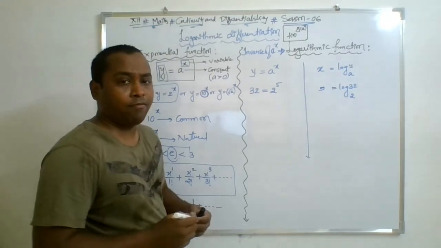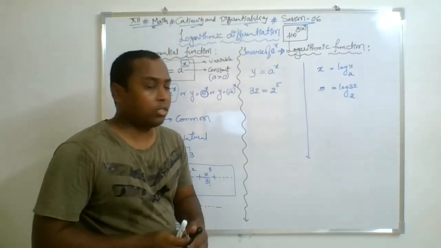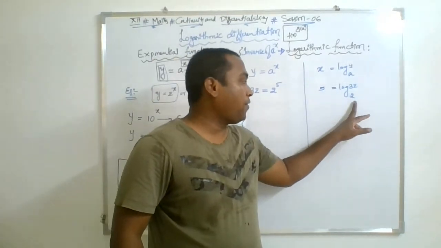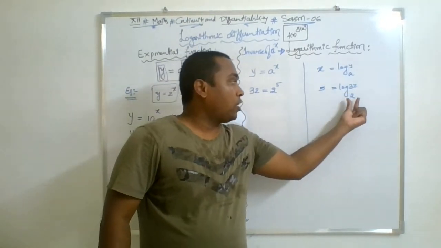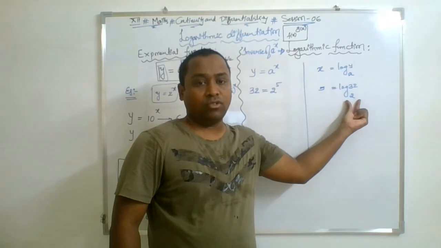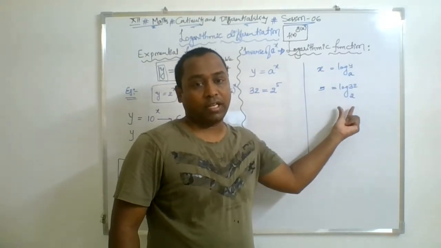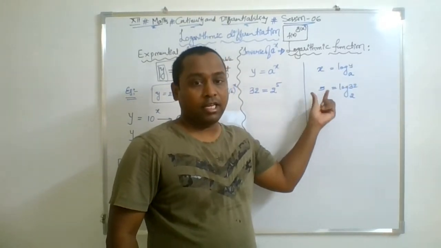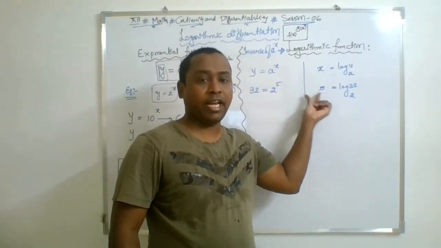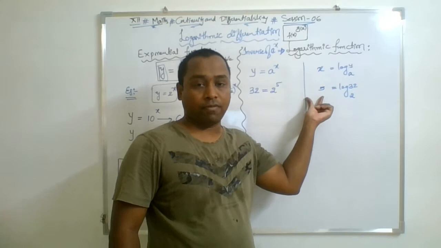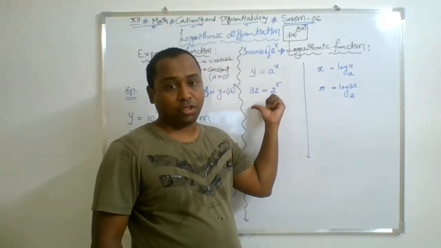So what log 32 base 2 means is: what should the power of 2 be so that its value reaches 32? So that is 5. So in a logarithmic function, basically we are finding the power of the exponential function.